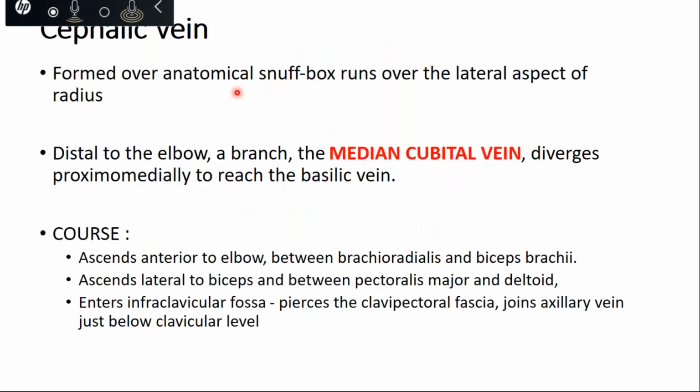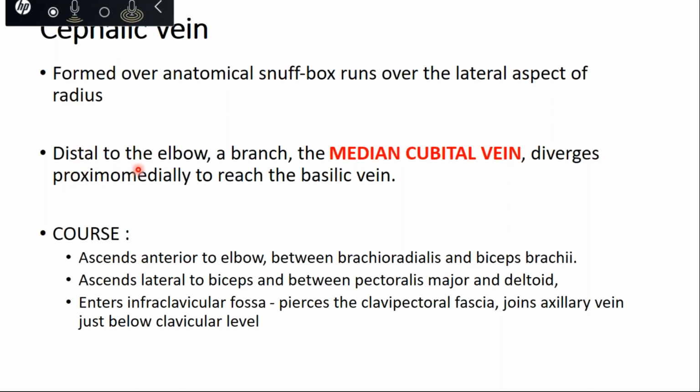They start near the anatomical snuff box and run over the lateral aspect of the radius. You know, the bone which is present on the lateral side is the radius. So they go along the lateral aspect of the radius and across the forearm.